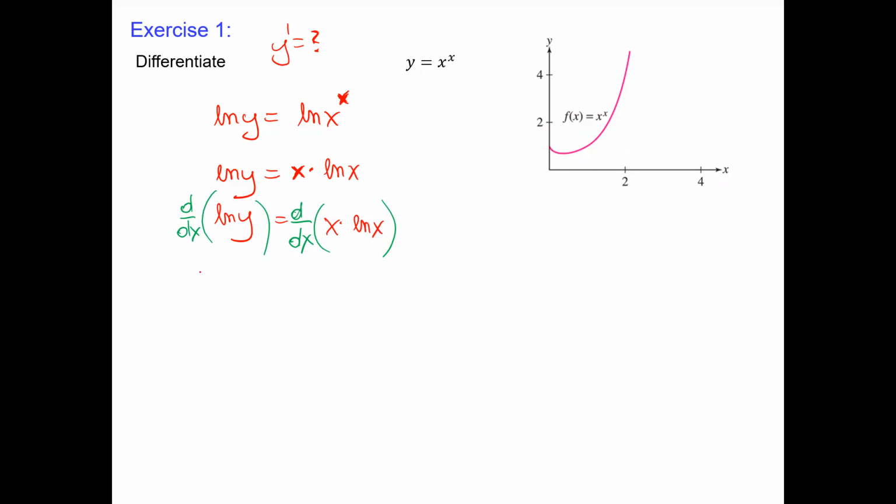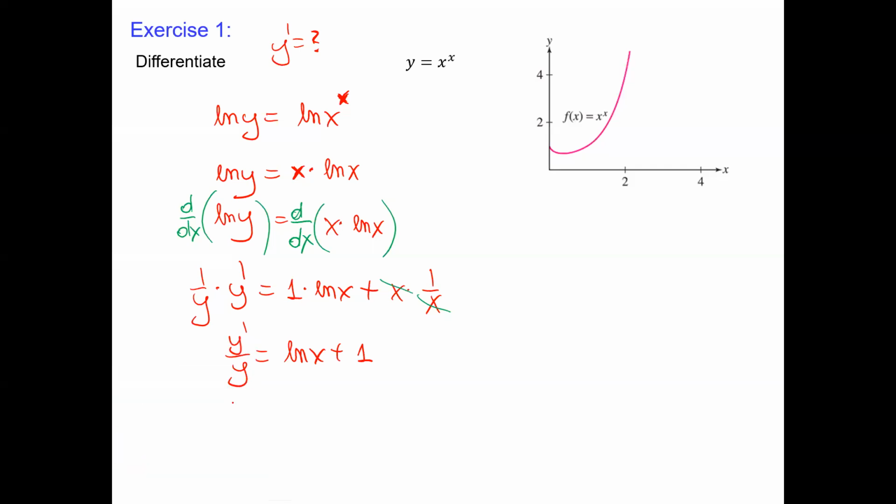Derivative of ln of y is 1 over y times y prime. Derivative of x ln of x, we will use the product rule. Derivative of x is 1, ln of x, plus x, derivative of ln of x is 1 over x. So y prime over y equals natural log of x plus 1, because we can cancel out these two.